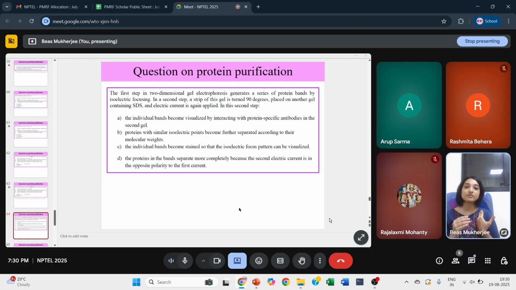Proteins with similar isoelectric points become further separated according to their molecular weight. And the individual bands become stained so that the isoelectric focus patterns can be visualized. The proteins in the bands separate more completely because the second electric current is the opposite polarity to the first.